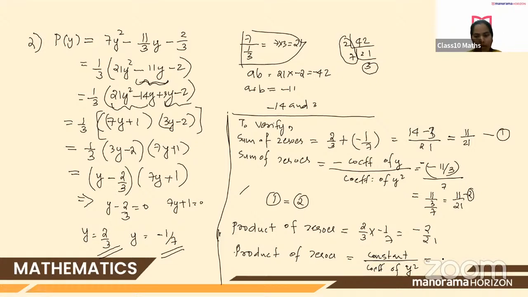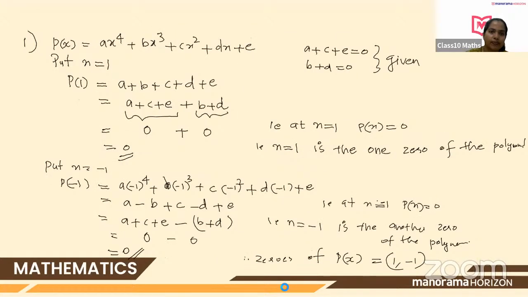So here the constant is minus 2 by 3 divided by 7, which is equal to minus 2 by 21. So again 3 is equal to 4. So verified. Okay.